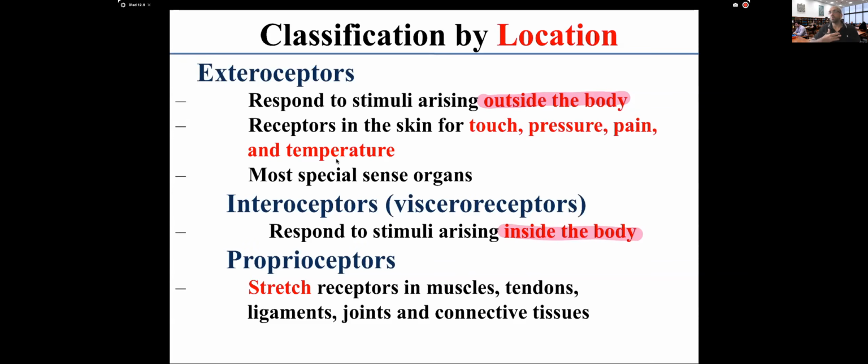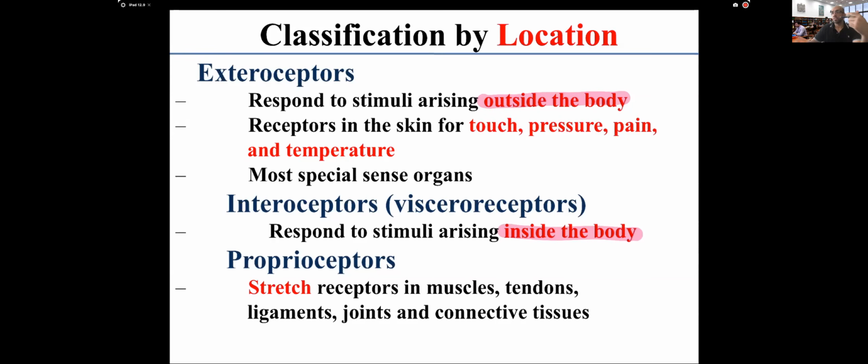How about my muscles, tendons, ligaments, joints? Are those going to be considered external or internal? So you see, if I'm changing the position of my arm, I'm applying more stretch on my joint, I'm applying more stretch on the tendon, different degrees of muscle contractions that can be detected, and according to which I'm able to recognize the position of my limbs.